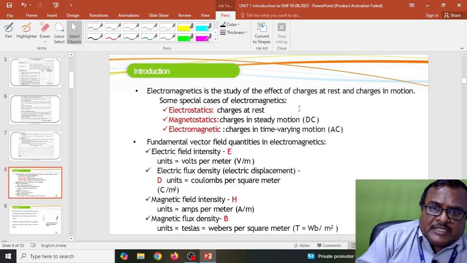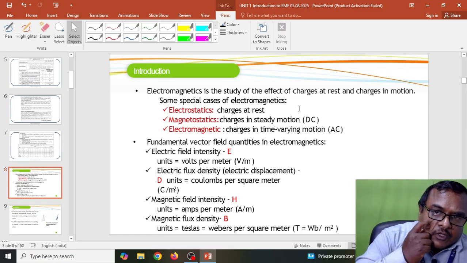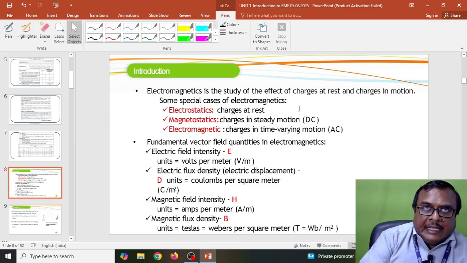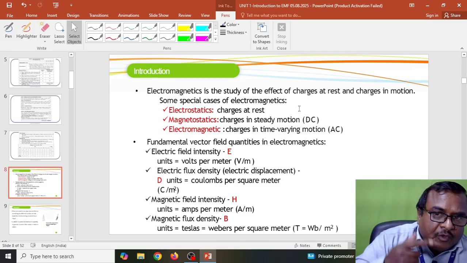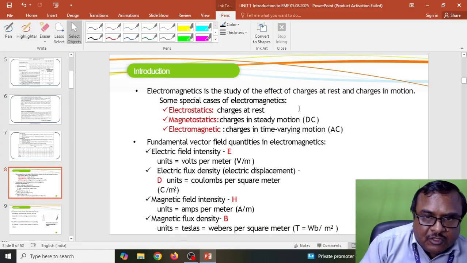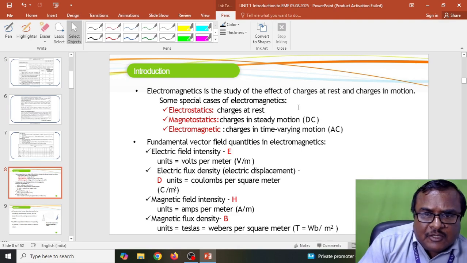In general, electromagnetics is the study of the effects of charges at rest and charges in motion. Generally, we have the atom, with electrons, protons and neutrons. The electron has a negative charge, the proton has a positive charge, and the neutron has no charge.